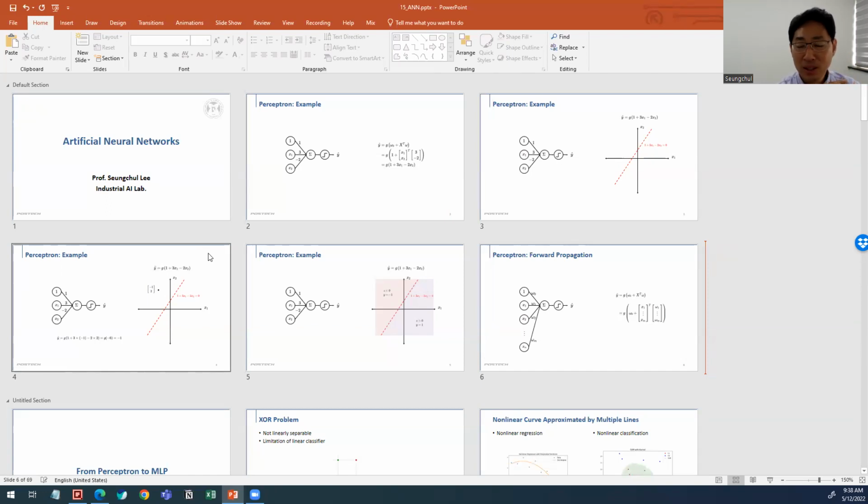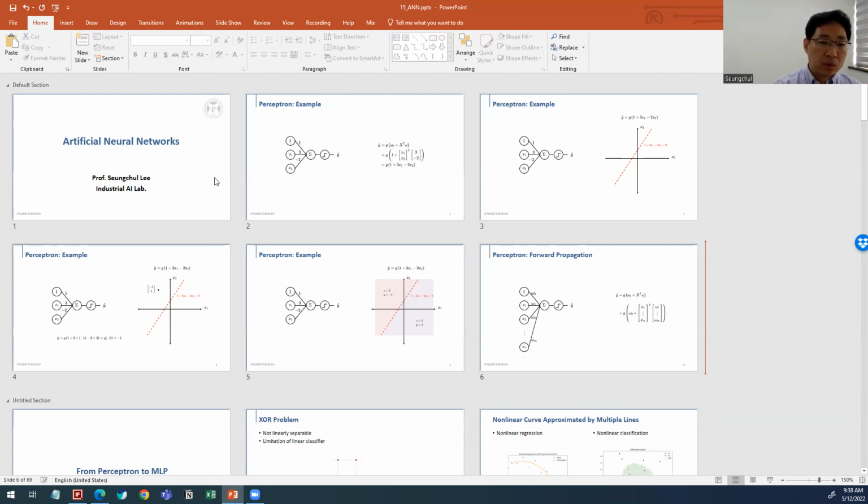It doesn't matter, right? I really think that this theory is really important. From machine learning, there is a really important conceptual transition from machine learning to deep learning. So that's the way that I'm going to explain.